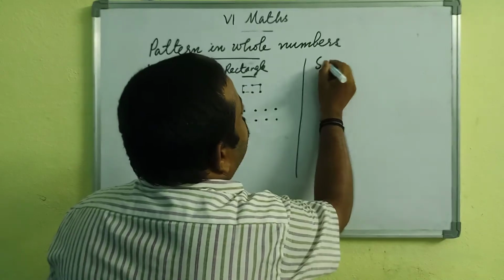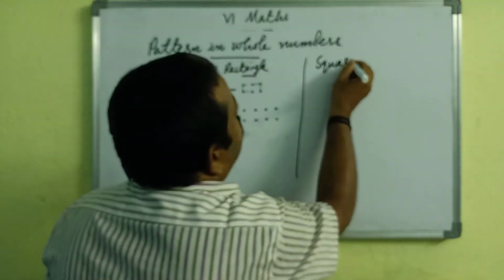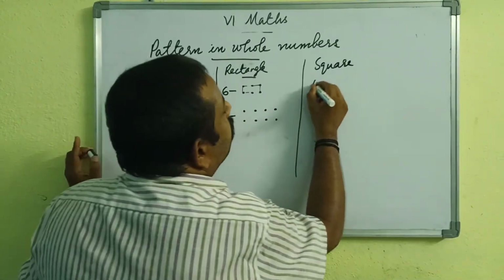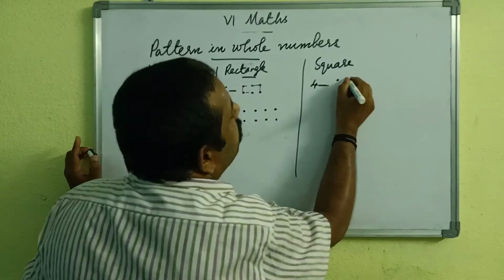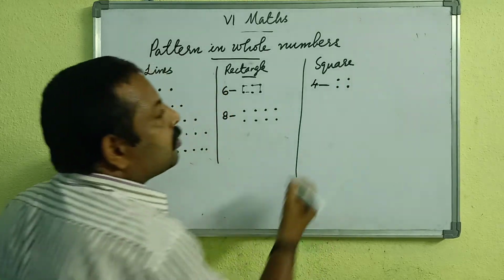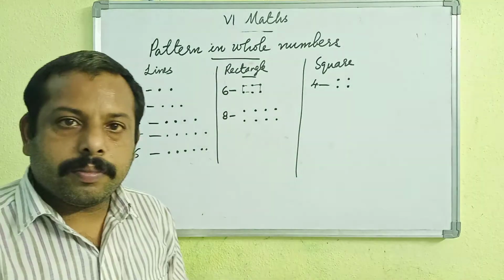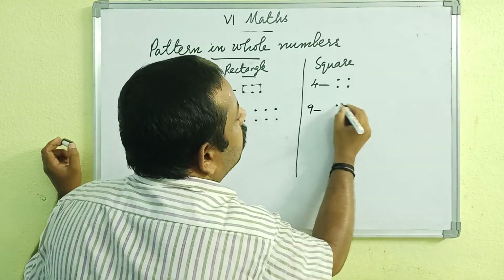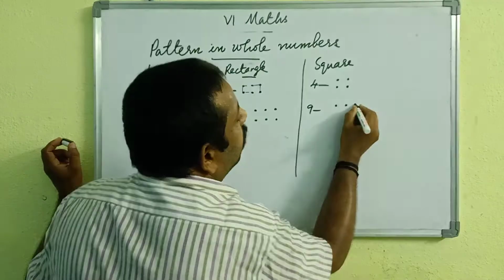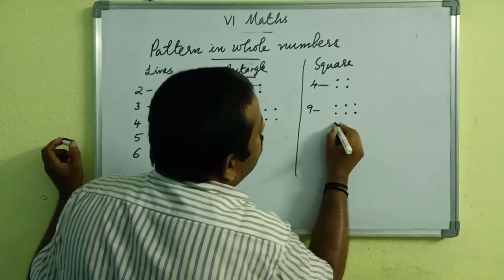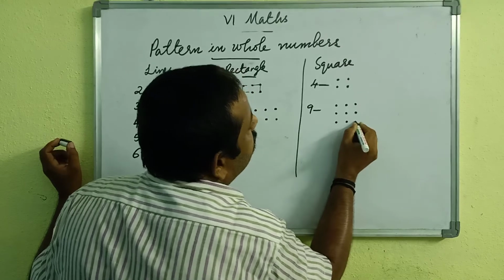Then square. Let us take the example of 4. I am writing 4 as 4 dots like this. 1, 2, 3, 4. It is like a square. 9 also we can represent: 1, 2, 3, 4, 5, 6, 7, 8, 9.